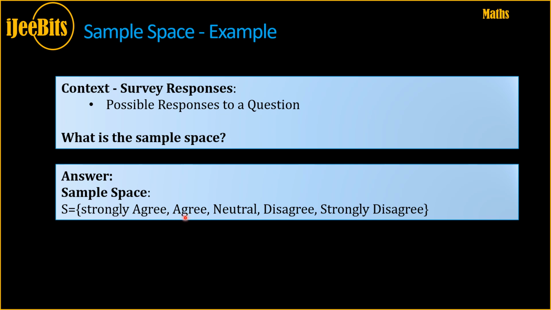These are known as sample points in your context, and hence your sample space would be strongly agree, agree, neutral, disagree, strongly disagree. I think this is useful for us to understand how to construct a sample space from the context.